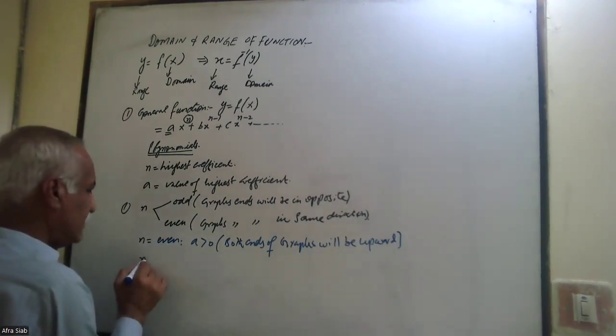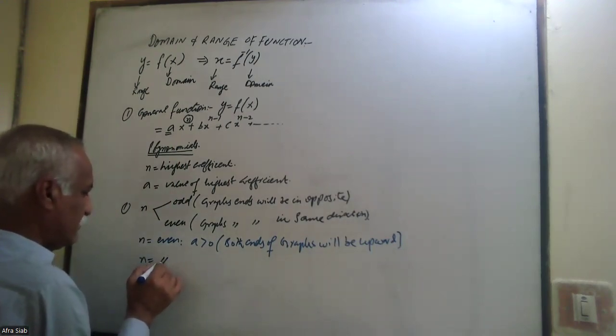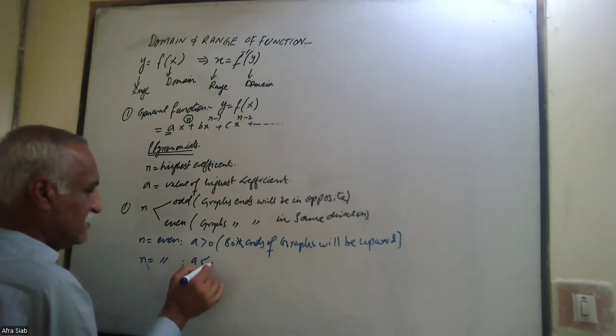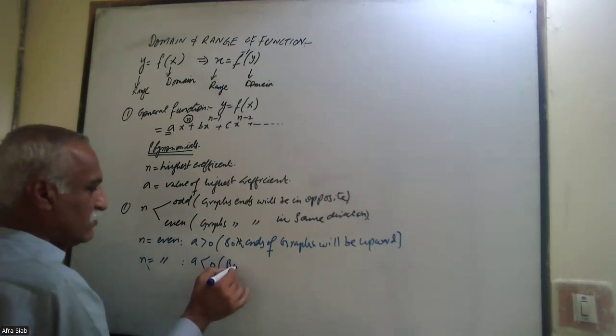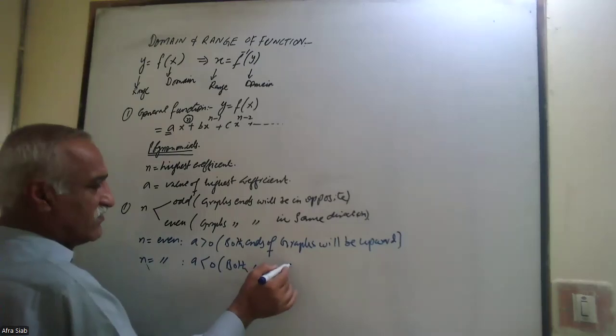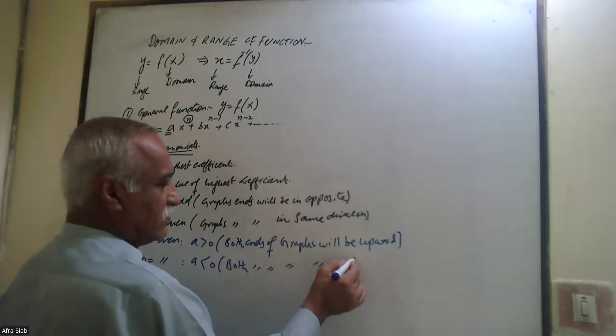And if n is even and a is less than 0, then both ends of the graph will be downward.